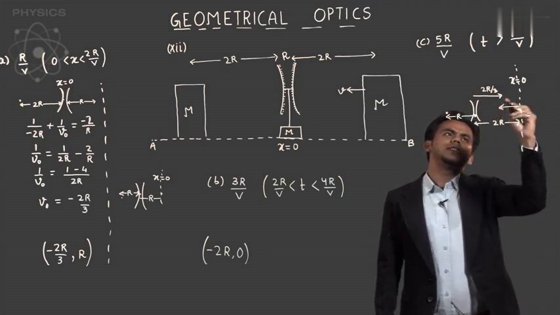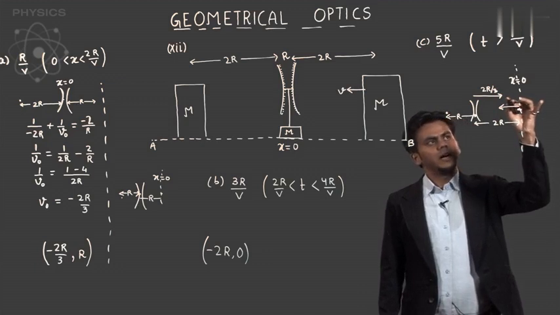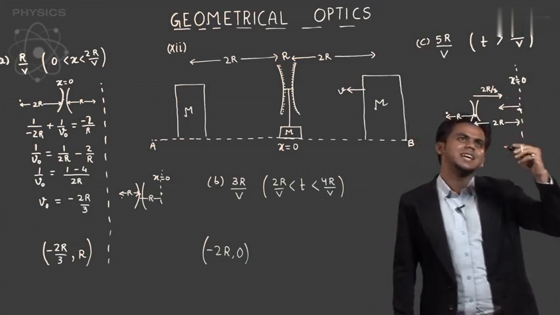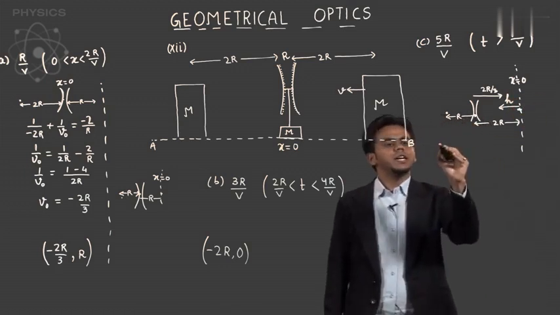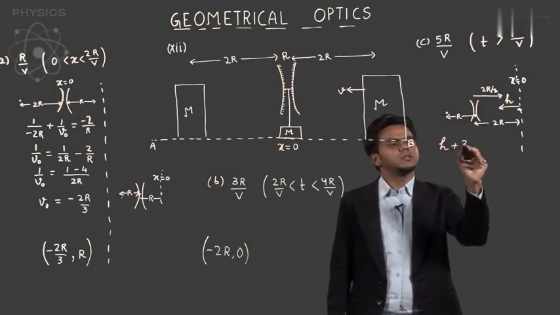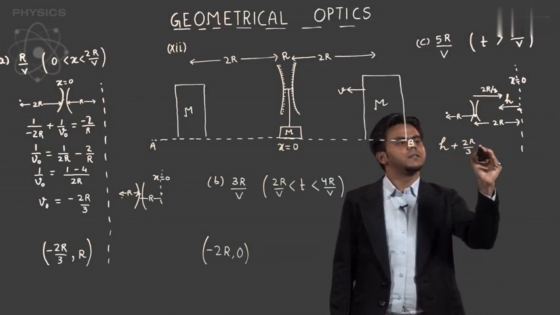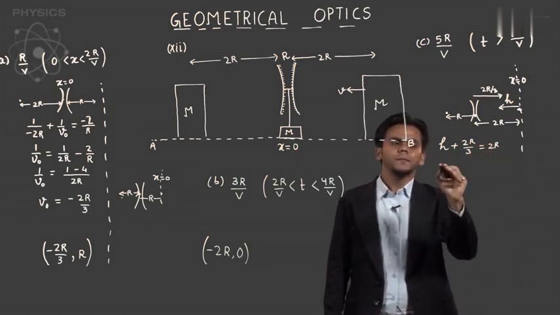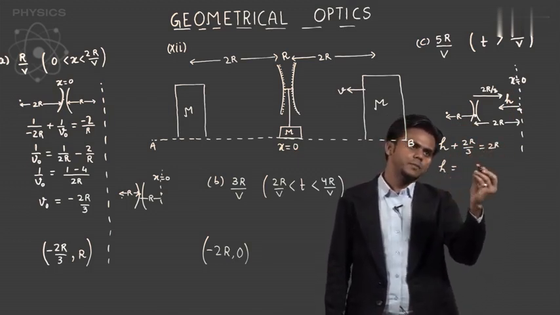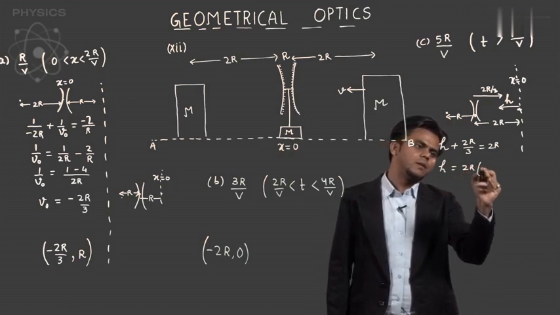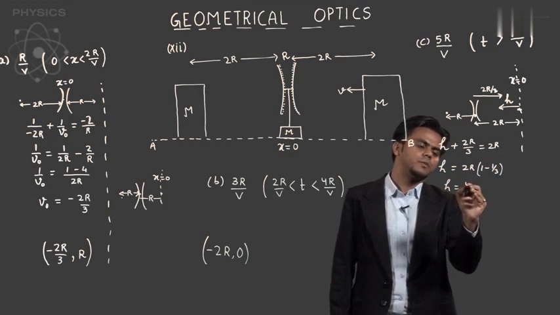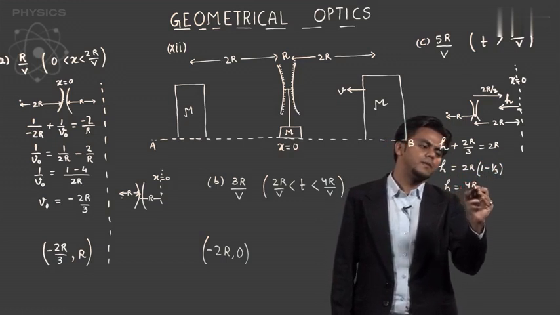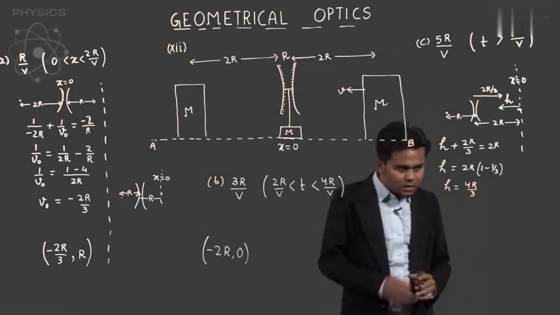So this length, let it be some unknown, not z, I'll write it as h, right? So h plus 2r by 3 is equal to 2r. So h turns out to be 2r times 1 minus 1 by 3. So h is equal to 4r by 3.